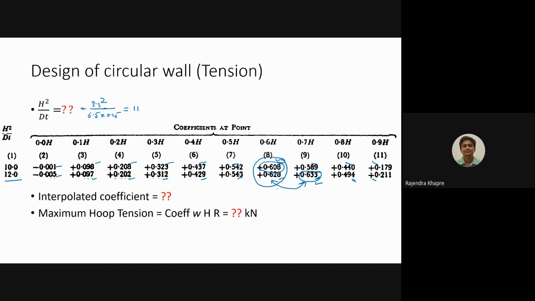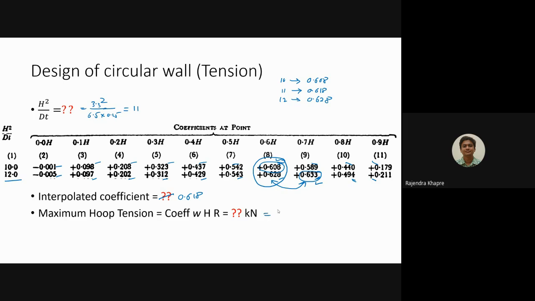Let us say for 10 you have a coefficient of 0.608, and for 12 you have a coefficient of 0.628. Now find out what will be the coefficient in between. So this value in between will be 0.618.